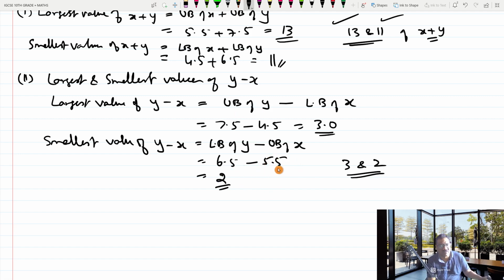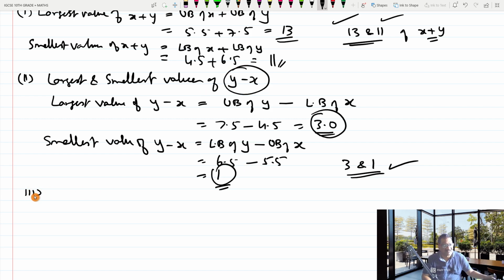Now this should work out to 5 minus 5 is 0 and 6 minus 5 is 1, right? So here you should get 1. So your answer will be 3 and 1. This is the answer for the largest and the smallest value of y minus x, right?